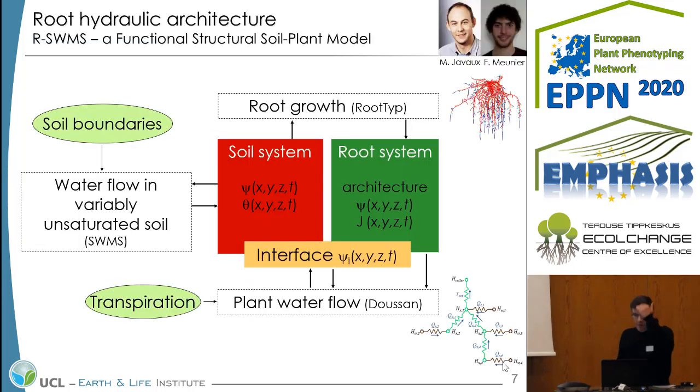So now I'm moving to the model, trying to put that into equations. We use a model, and there are several on the market, some for free. A model like a robotic one will generate a plant mockup, a virtual plant, so only the geometry. Then we have a model that simulates the water flow in a variably unsaturated soil.